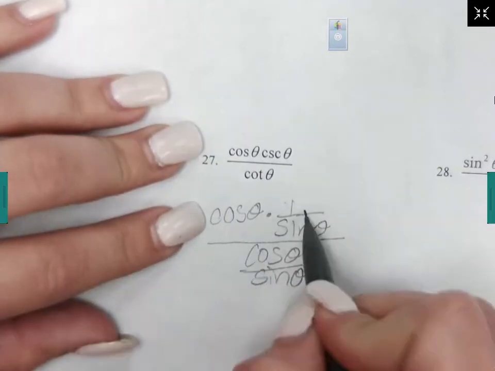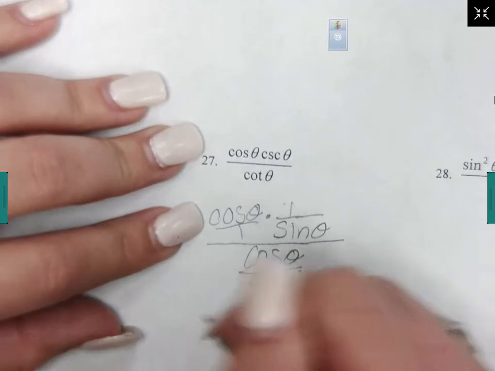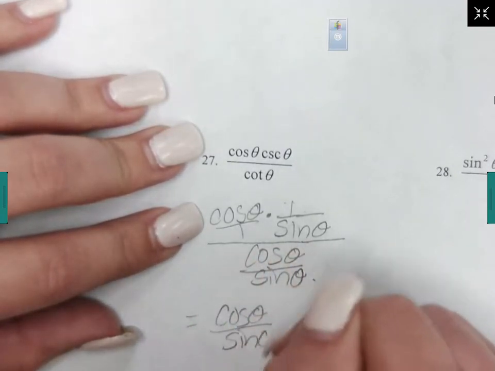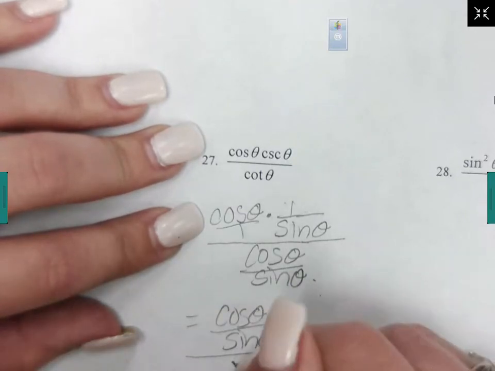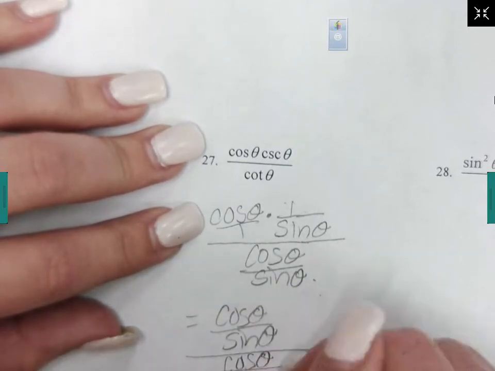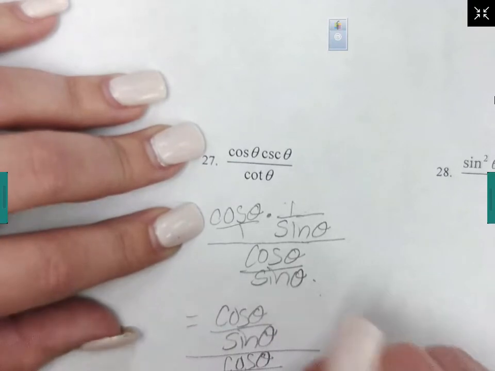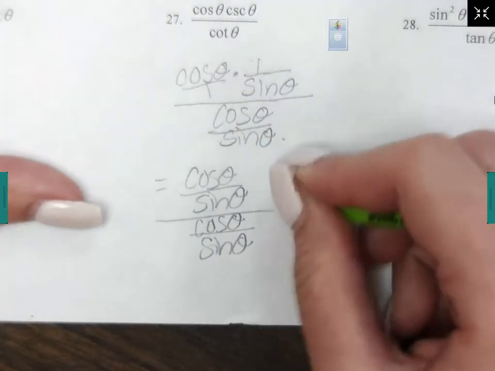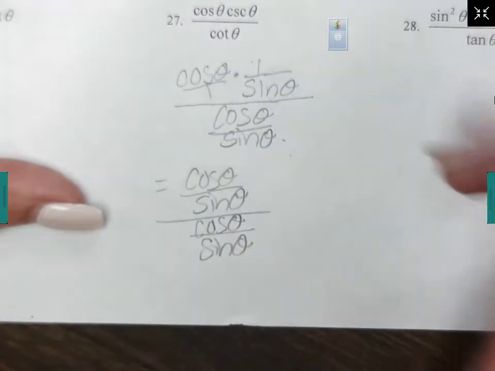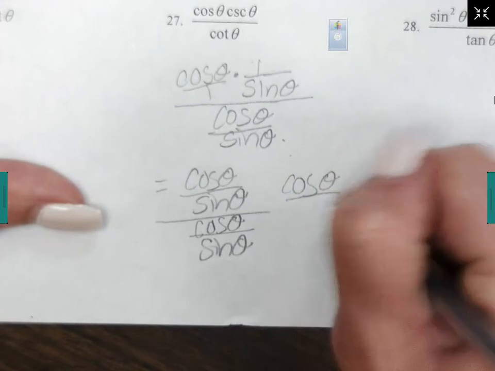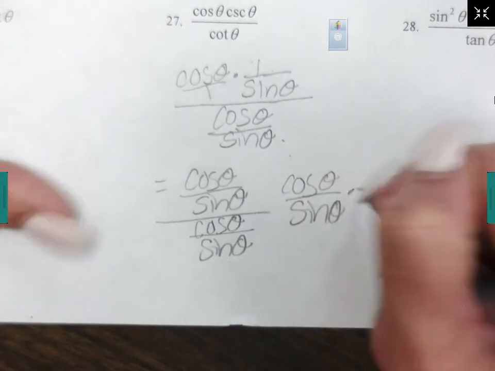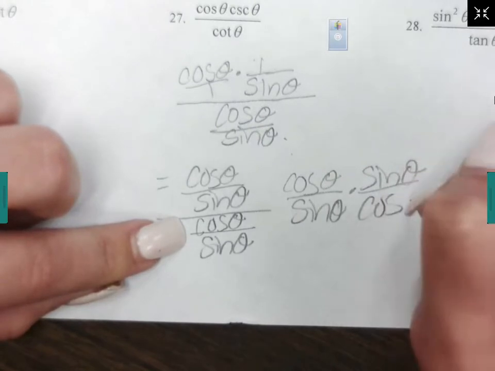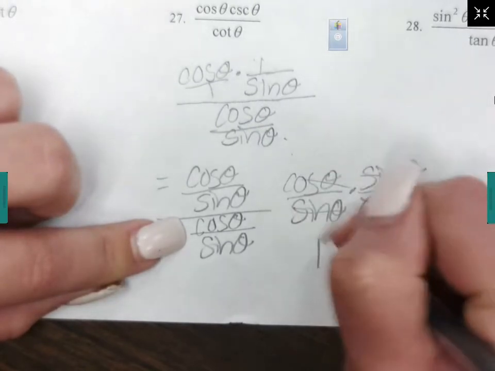Okay, so I'll multiply this through, and that's going to give us cosine of theta over sine of theta, divided by cosine of theta over sine of theta. And remember, when we divide by a fraction, it's the same as multiplying by the reciprocal. So this is the cosine of theta divided by the sine of theta, times the reciprocal, which is sine of theta divided by cosine of theta. These cancel, and we're just left with 1.